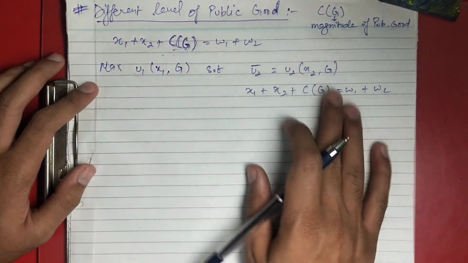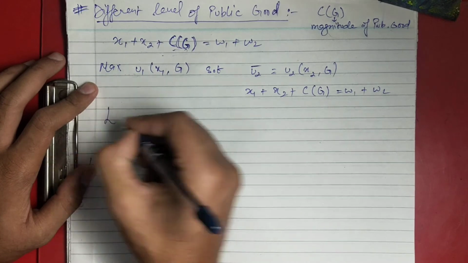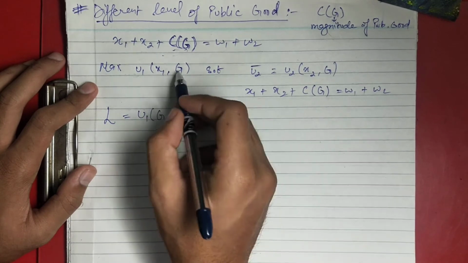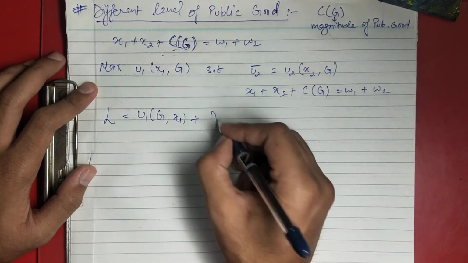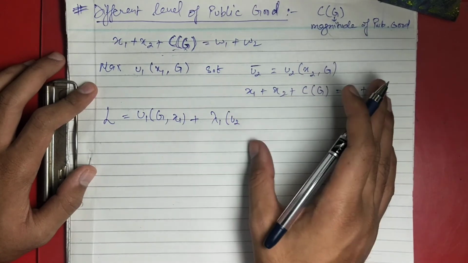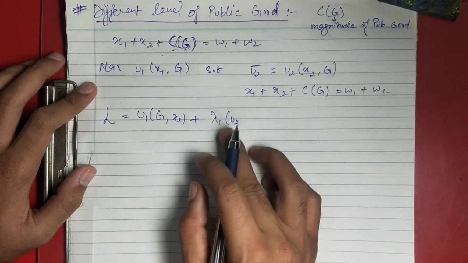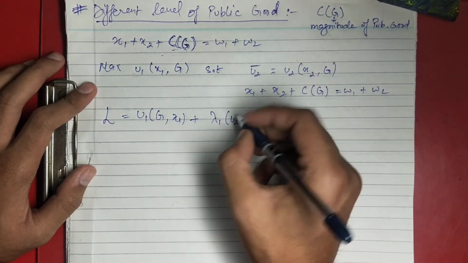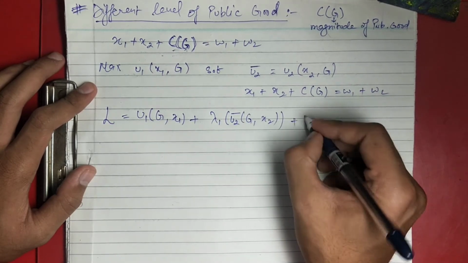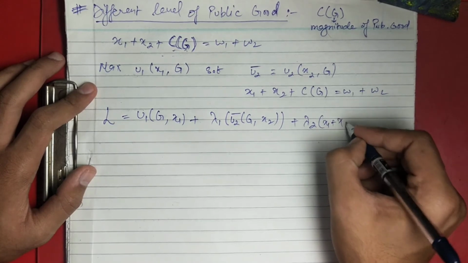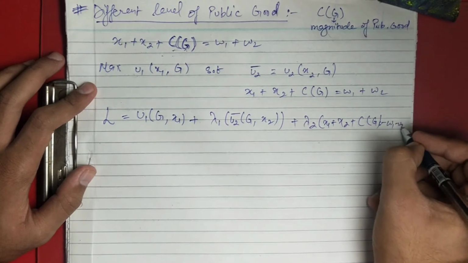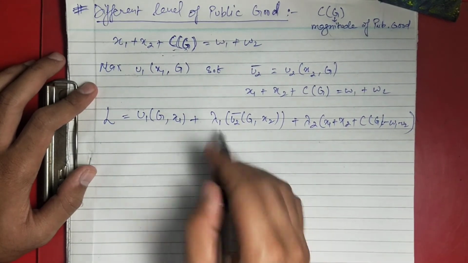They have just directly written the Lagrangian function, which is u1(g, x1), the same thing, plus lambda 1 times the first constraint. You only know up to one constraint, but here there will be two lambdas, and there will be lambda 2 times (x1 plus x2 plus C(G) minus w1 minus w2). So there are two constraints here.